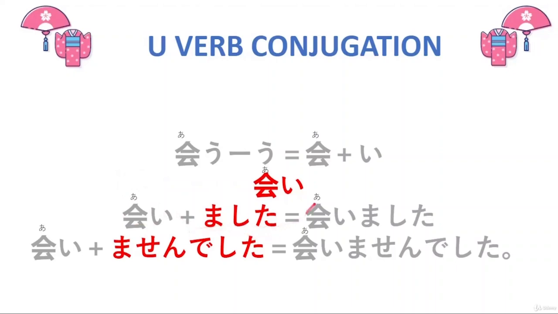And our final result would be aimashita, met. Okay, for past negative, to ai we would add masen deshita. So our final result would be aimasen deshita, didn't meet.